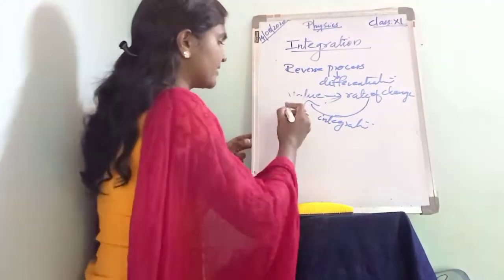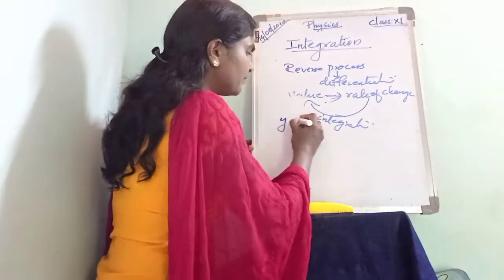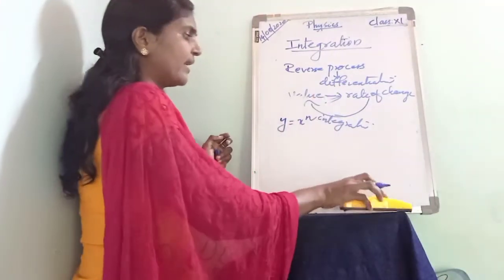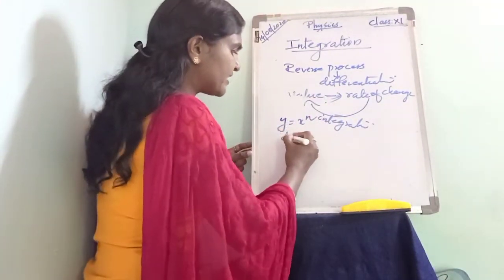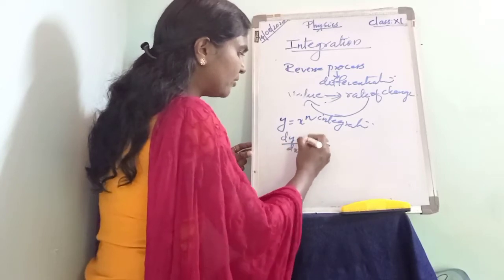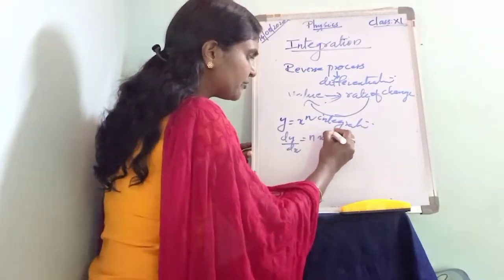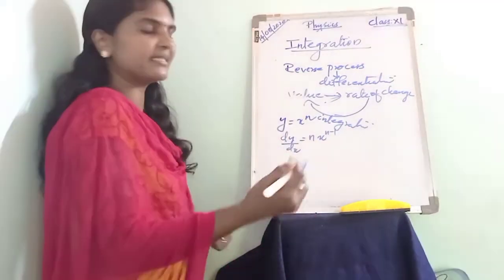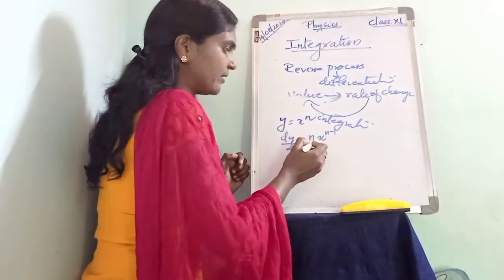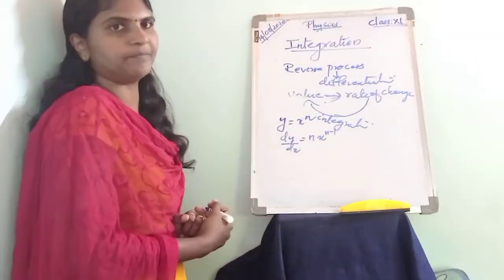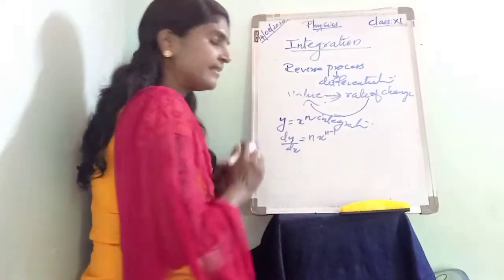Suppose we have a function y equal to x raised to n. Then you know the equation for differentiation: dy by dx equal to n into x raised to n minus 1. This is the equation used in differentiation. But how can we integrate this?